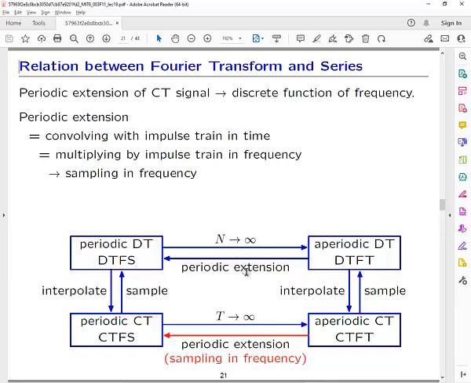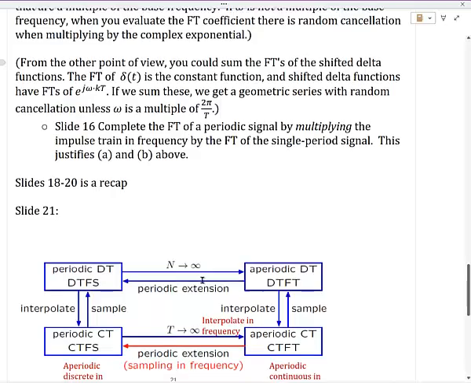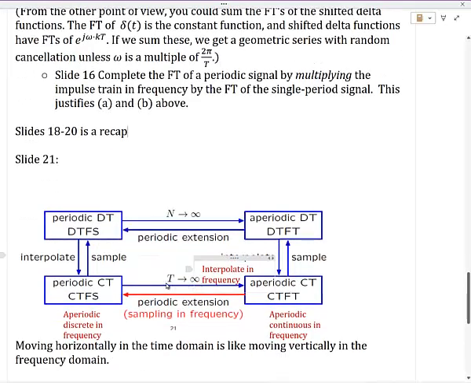Now I have some commentary on this. Here he shows what happens in the time space, and I put here what's happening in the frequency space.